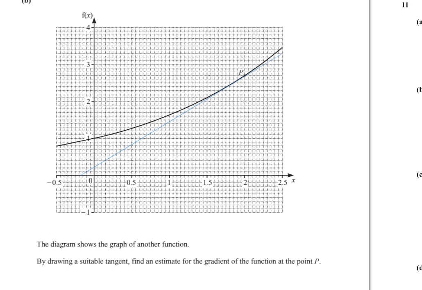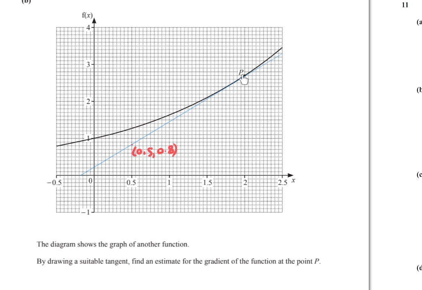Now find 2 points on the tangent. We can take this point, (0.5, 0.8). So this is the first point, (0.5, 0.8), and we need one more point.